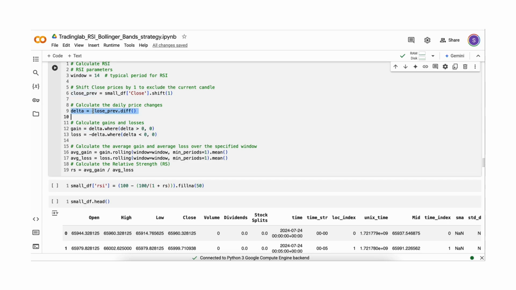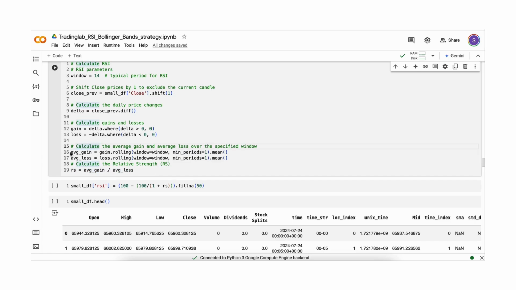So delta was our difference between current candle close and the previous candle close, and the gain is when the delta is equal to 0 or greater than 0. Otherwise we set the value to 0, and same for the loss. We set the loss where values are less than 0, but we want a positive average loss so that we can do this RS calculation.